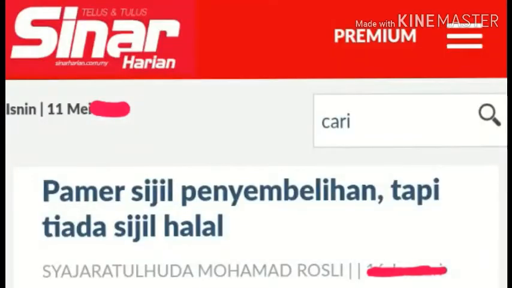Now, I want to share with you one issue related to halal food. The issue I picked is from a Sinar newspaper on 11 May 2019. The title of this issue in the newspaper is "One restaurant in Malaysia just shows slaughtering certificate but doesn't have halal certificate."